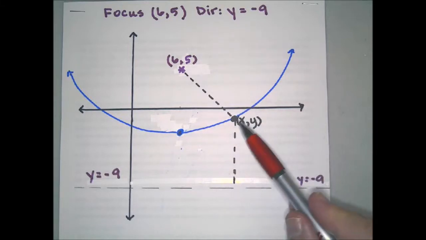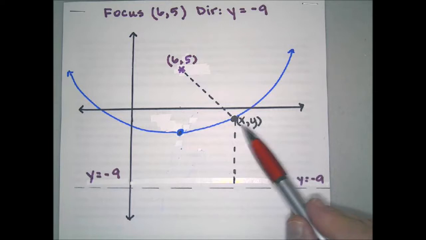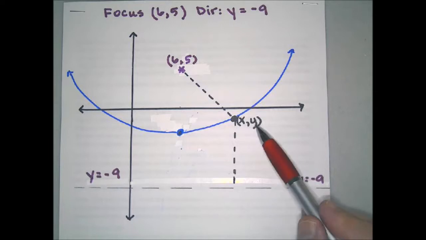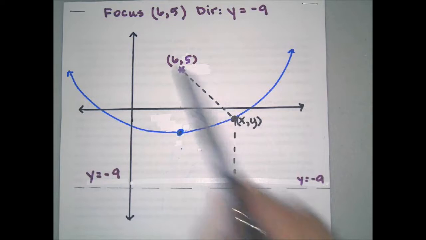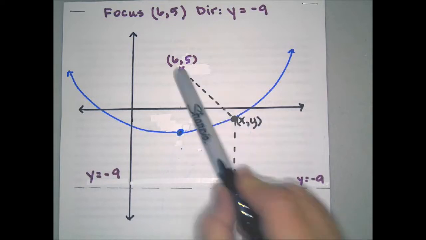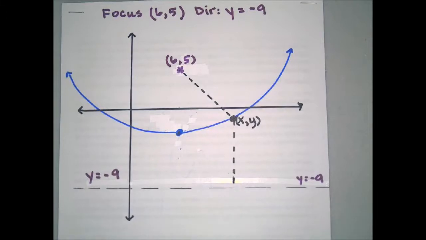So I just picked a point right here, and I put it in black. I have no idea what the coordinate of that point is, the ordered pair. So I'm just going to put x, y. Now, you can see what I did as far as connecting that point to both the focus and the directrix, just so you can see with your eyes what's going on.